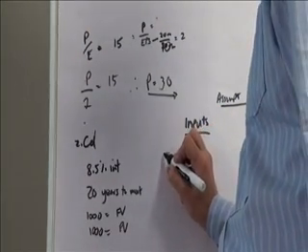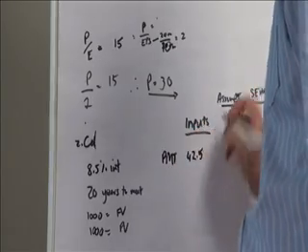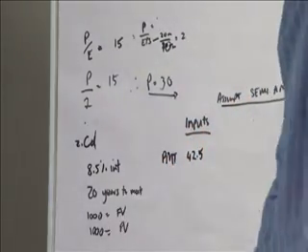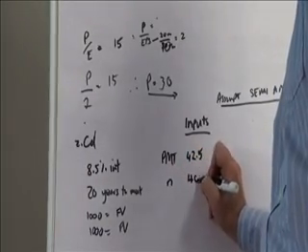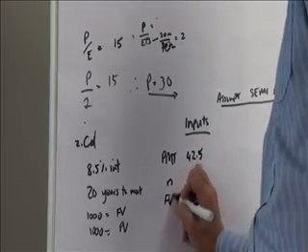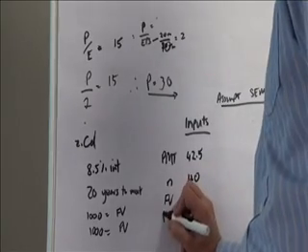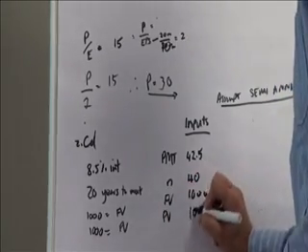That is my payment, otherwise known as the coupon. 20 years to maturity, and we're doing it semi-annually, so therefore N will equal 40. Future value is 1,000, present value is 1,000.